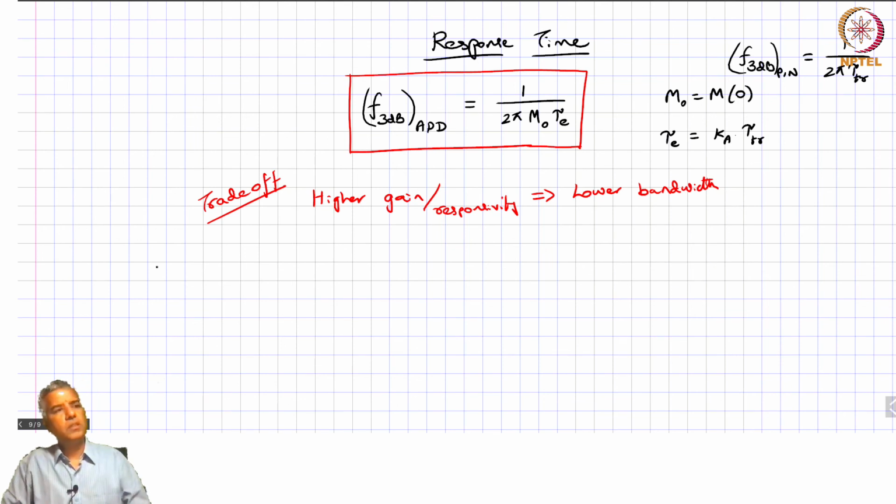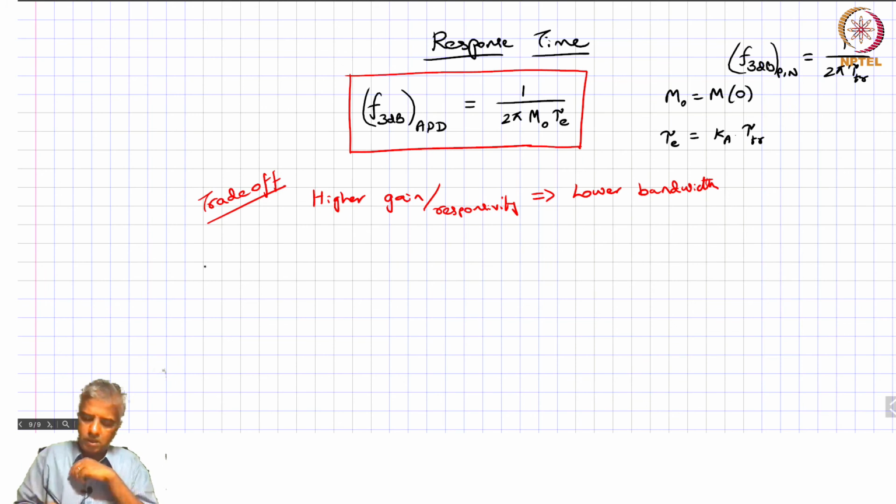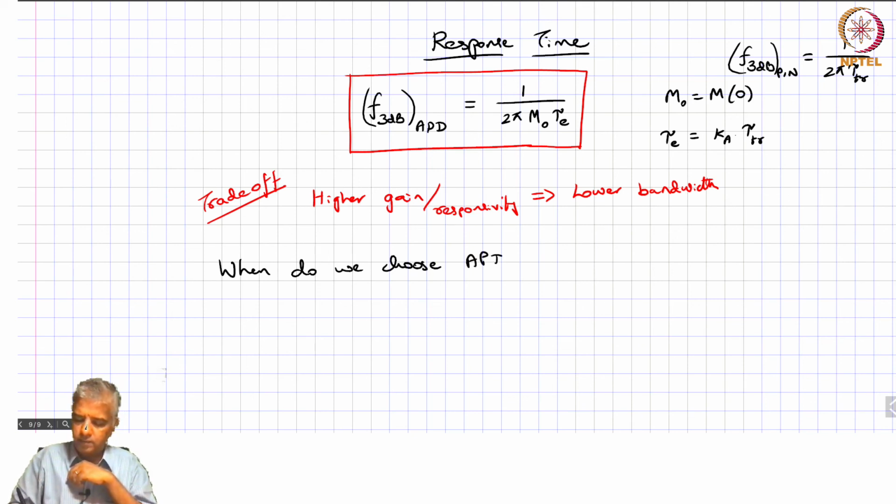Now the other question could be, when do we choose an APD as opposed to choosing a PIN?